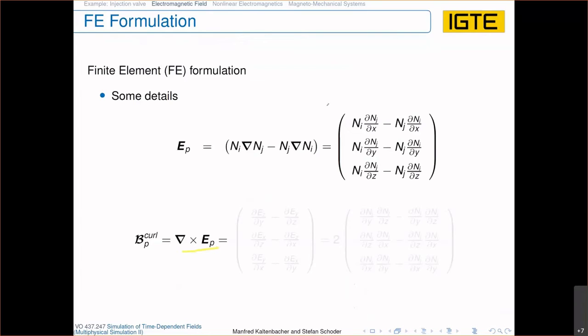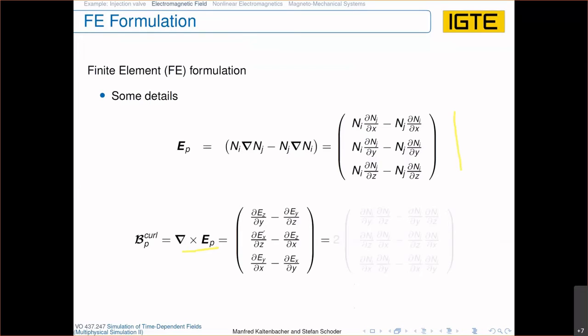We have here our EP, and when we take the curl, then what you get out is this part here, and we now put in clearly the x, y, and z components of the vectorial basis function, which is here called Ez for the z component, Ey for the y component, and Ex for the x component.